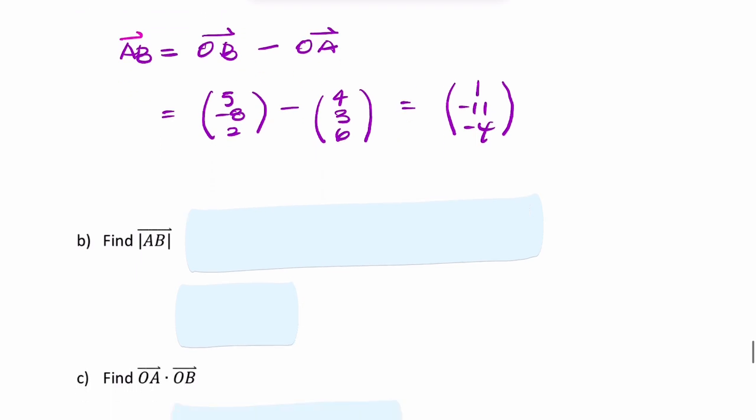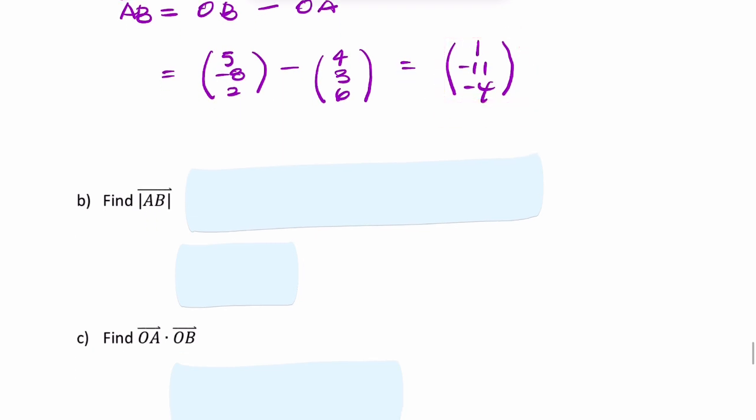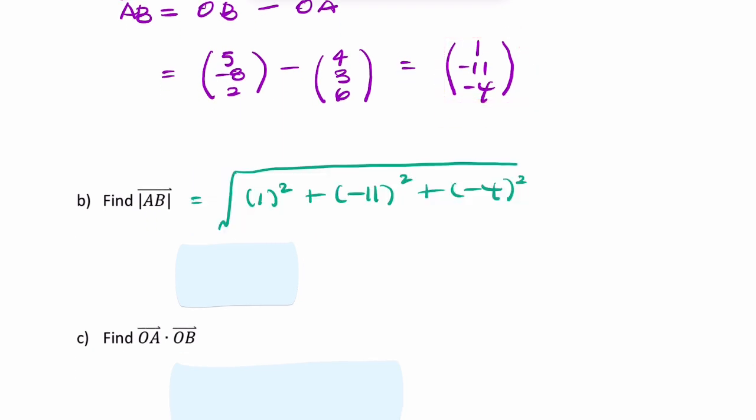The question then goes on to say find the magnitude of this vector. So the magnitude is a scalar. It's a number representing the length of this vector. So we do that by calculating the square root of the square of each of these.